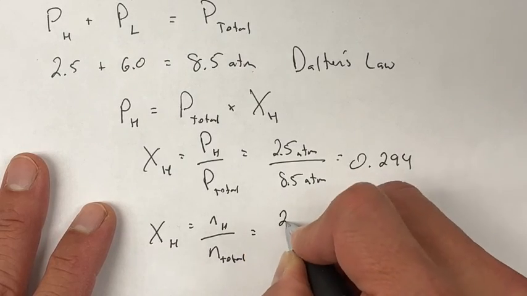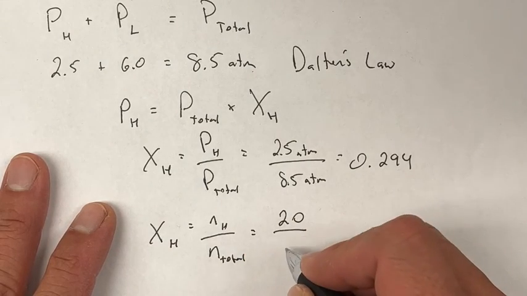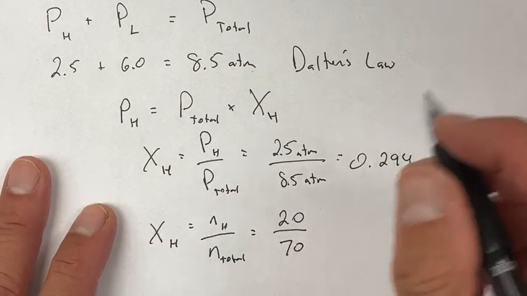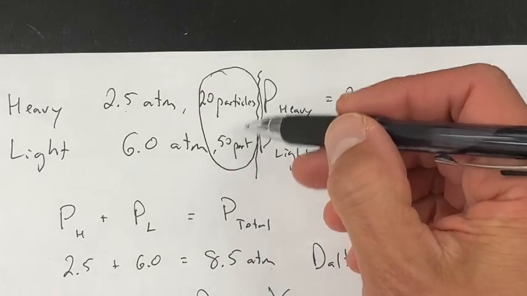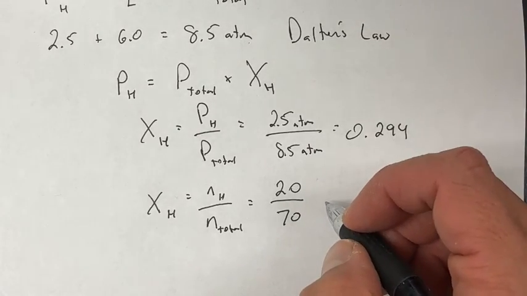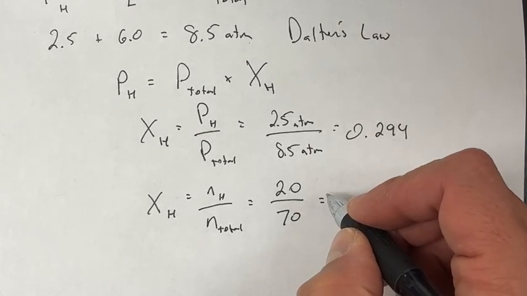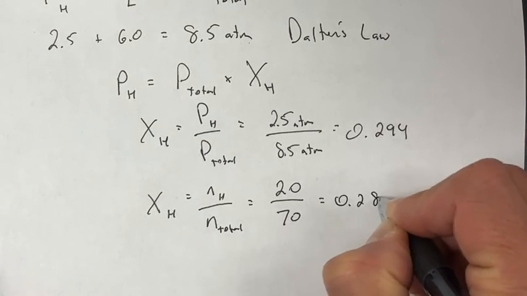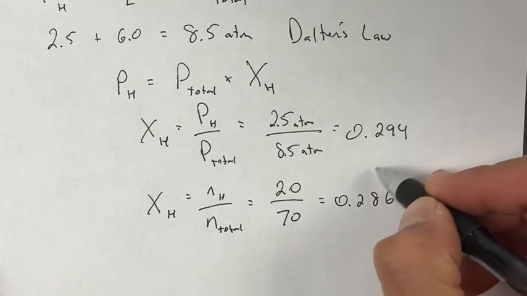That's going to be 20 over 70 total particles, because 20 plus 50 is 70. If I divide that out, 20 divided by 70 is 0.286, which is pretty close.